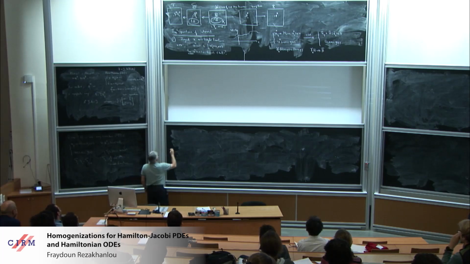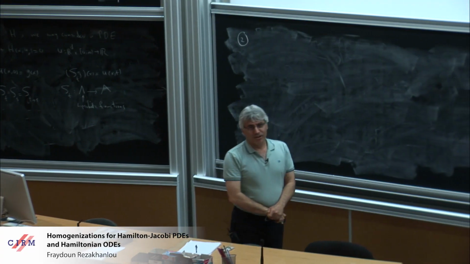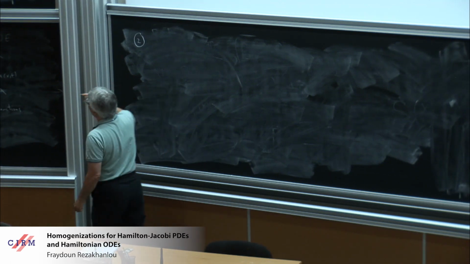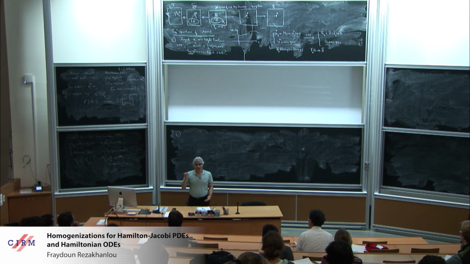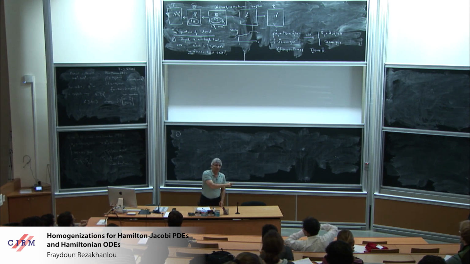Impossible. Okay, so now I want to formulate question number 2, which very much you encounter in classical mechanics. So in question number 2, you give me that Hamiltonian ODE that depends on position and momentum, and that's very hard to solve. And the wish is that maybe I can make a change of coordinates and turn that Hamiltonian ODE to another Hamiltonian ODE that is much simpler to solve.